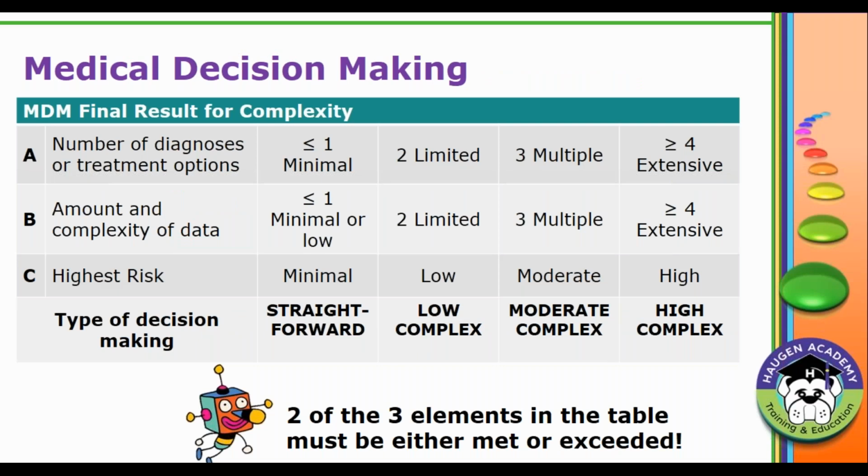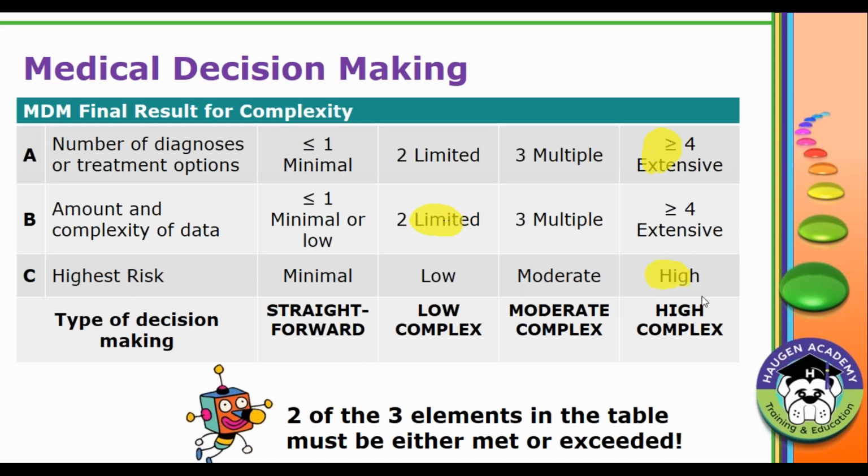So let's just do one more example of the medical decision making now that we've seen all three of the tables, and I'll just highlight these again as we go through. So let's say that we did get 4 points on that first table, number of diagnoses and management options. So we have 4 points here. And then data, we end up with 2 points, maybe 1 for lab and 1 for radiology. And then our highest risk, let's say it does end up being high.